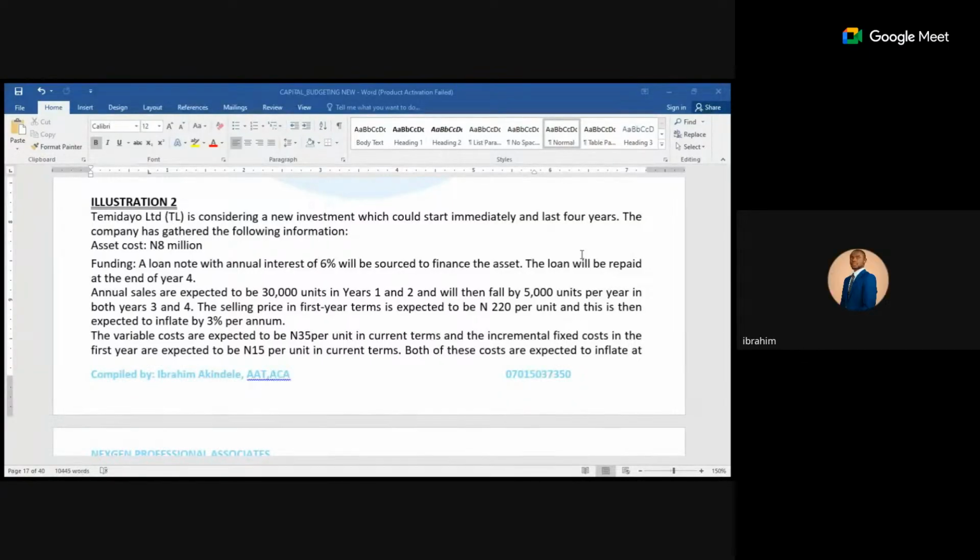Meaning that is what they will be in year 1 and year 2, and then in year 3 and year 4 it will reduce by 5,000 units each year.